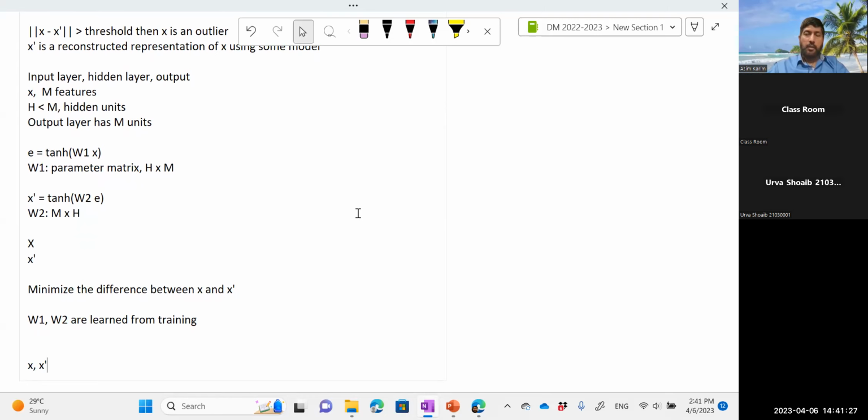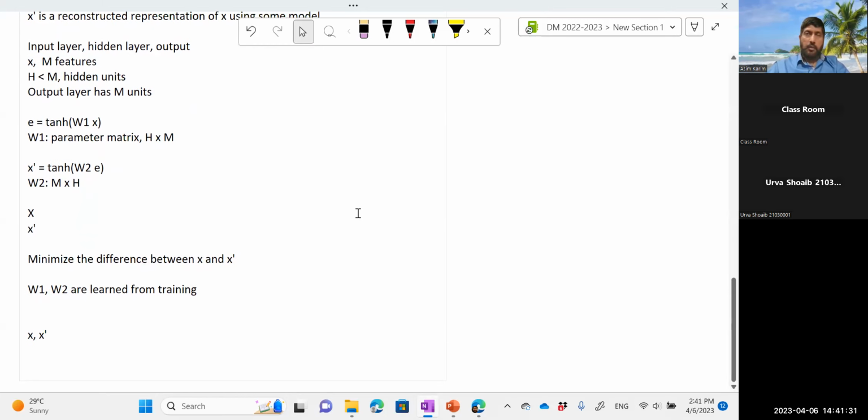After this, you can compute the Euclidean distance between x and x prime. And if this distance is greater than some threshold that you have specified, then you can say that x is an outlier.